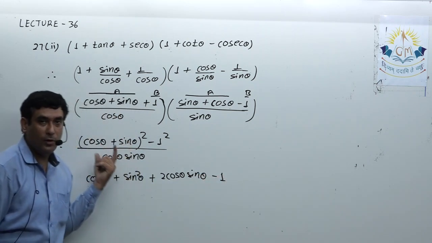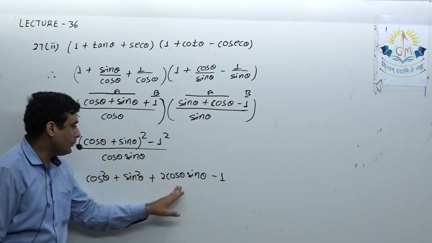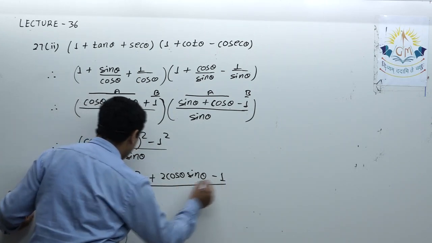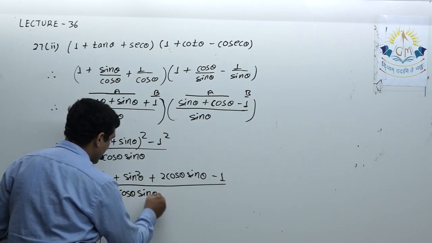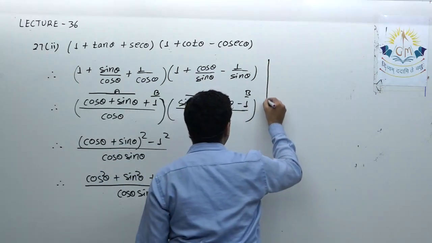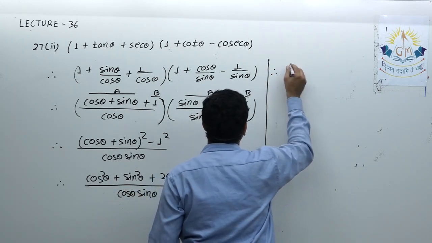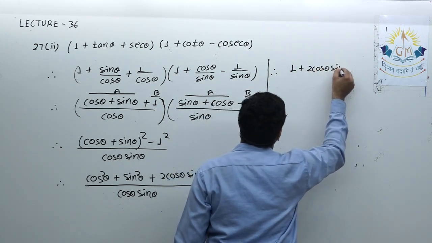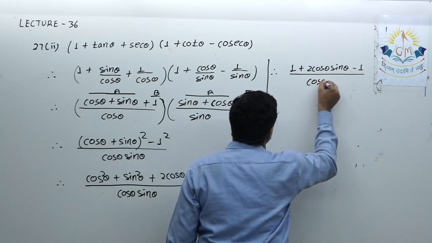Simply I applied the identity of A plus B whole square, A square plus B square plus 2AB, and minus 1 I wrote as is, divided by, in the denominator, cos theta sin theta. Now if you observe, in the numerator there is an identity sin square theta plus cos square theta. So here I can write 1 plus 2 cos theta sin theta minus 1 divided by cos theta sin theta.